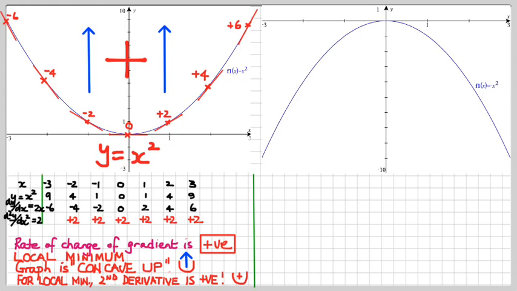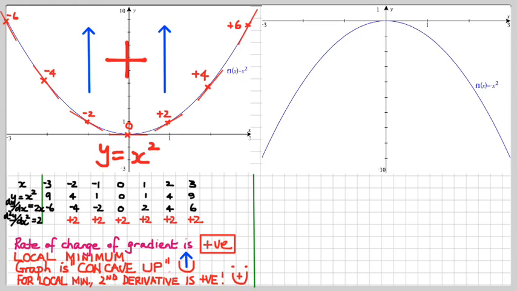So you've got another little tool in your tool chest now to use, right? You get what I'm saying? At a local minimum, if you test the second derivative at that value of x, you are going to get a positive answer. Now let's do it for the other one on the other side of the screen.